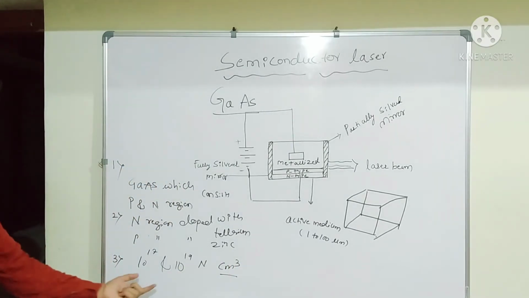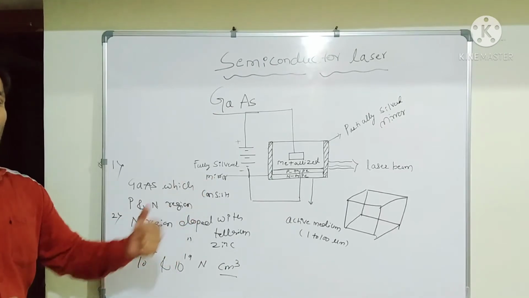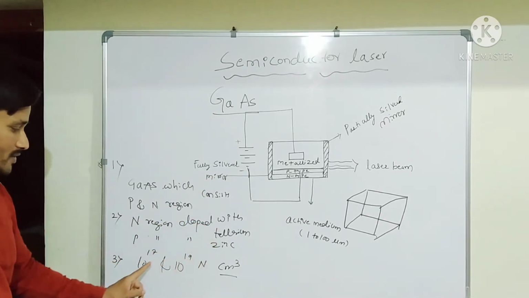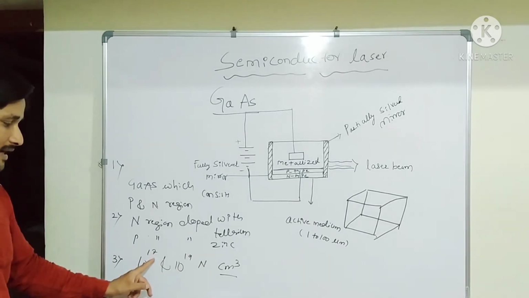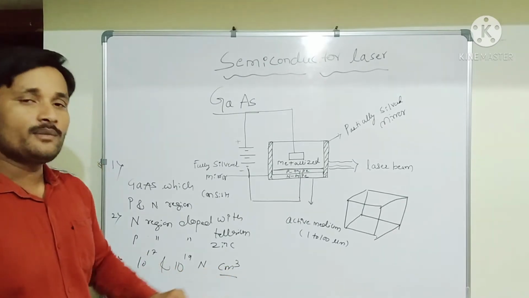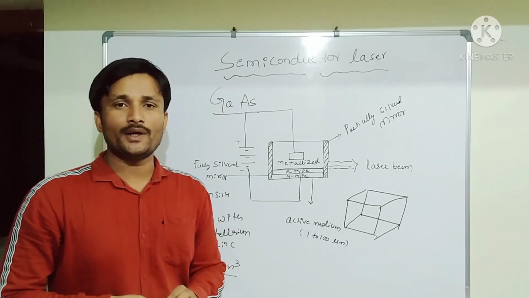So this is the doping ratio of this gallium arsenide. Clear? The tellurium as well as zinc we are doping in the concentration range of 10 to the power of 17 to 10 to the power of 19 per centimeter cube. This is the third important point.